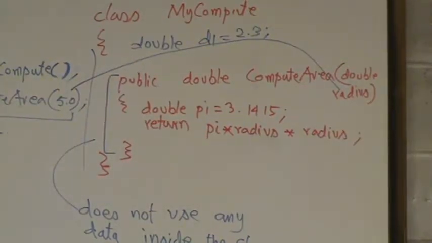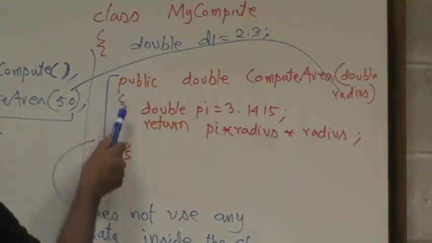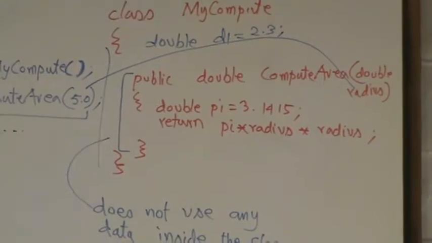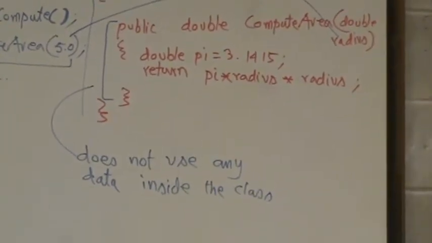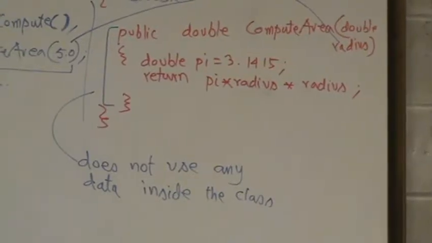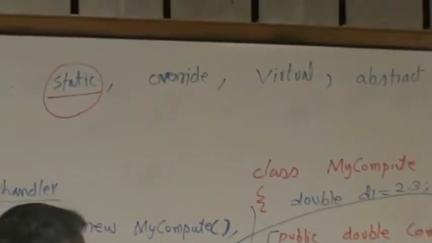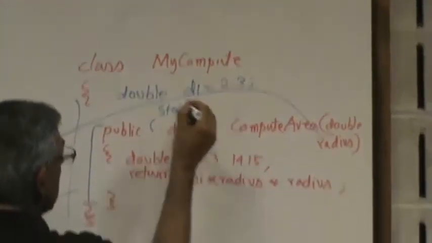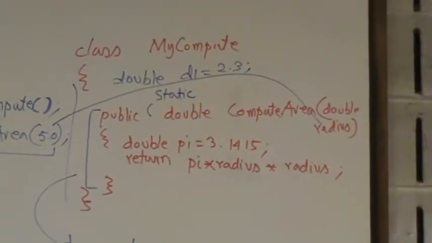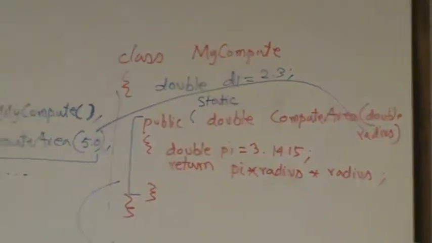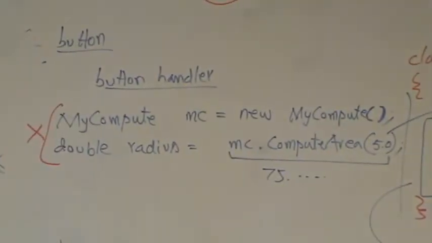Okay, so to make our life easier for those cases where the function does not use any data inside the class, we have the static keyword, okay? So in this case, what we will do is add an extra keyword over here called static, okay? So the minute we add static over here, this is not the way we will call the function, so this will not work.